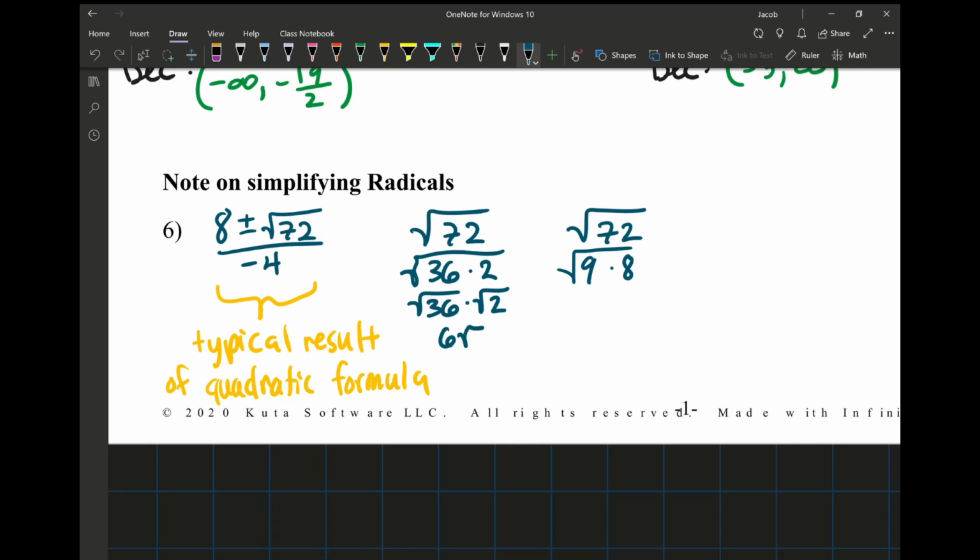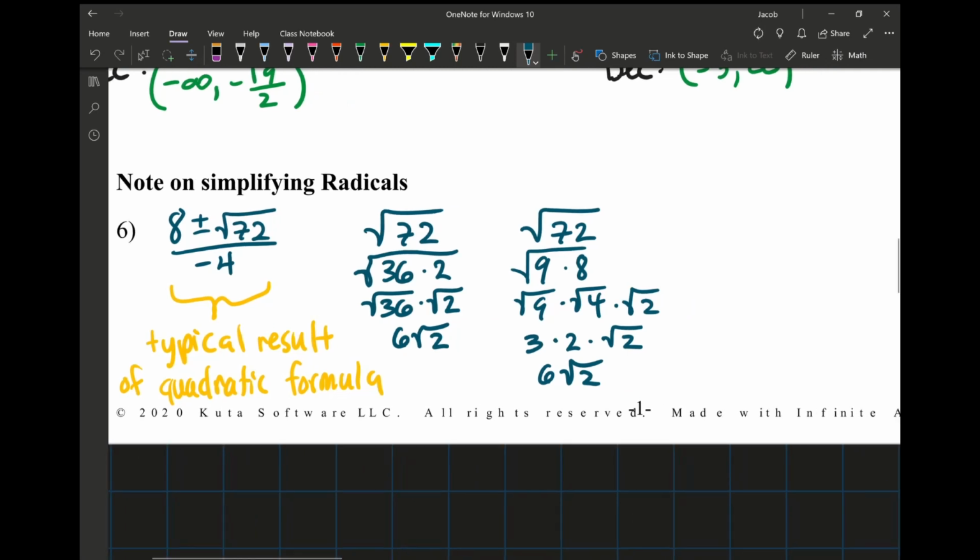So this is 6 radical 2, and then for 9 times 8, you can split 8 again, so you'll have radical 9 times radical 4 times radical 2, and radical 9 is 3, radical 4 is 2, and radical 2 is there. So I end up in the same spot.